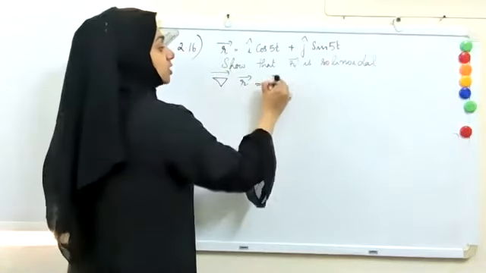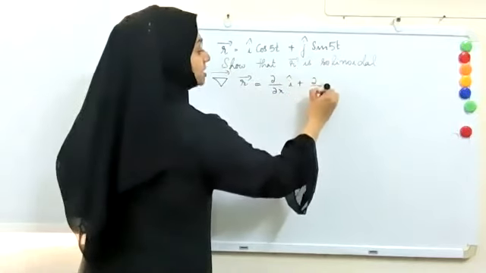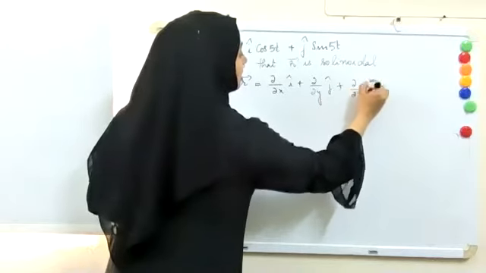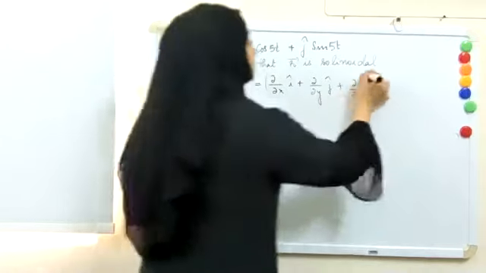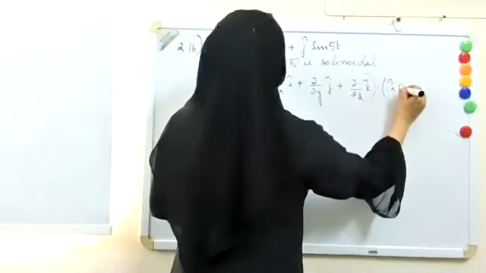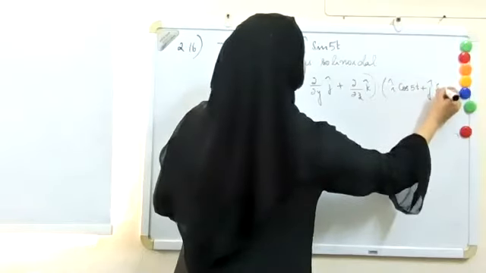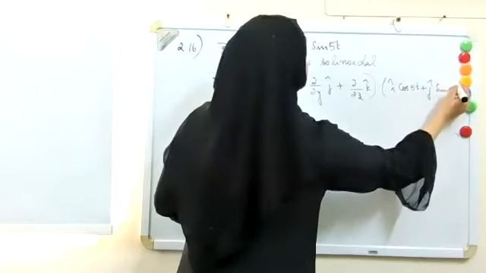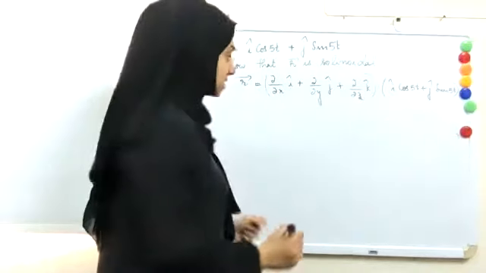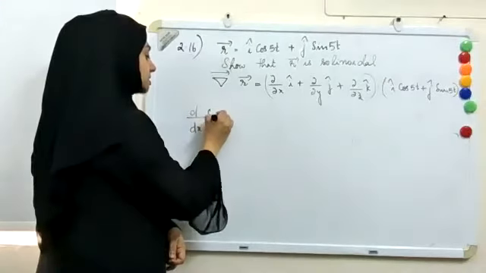Del dot R means dou by dou x i plus dou by dou y j plus dou by dou z k, dot this one, i cos 5t plus j sin 5t. So here you have trigonometric functions cos and sin.